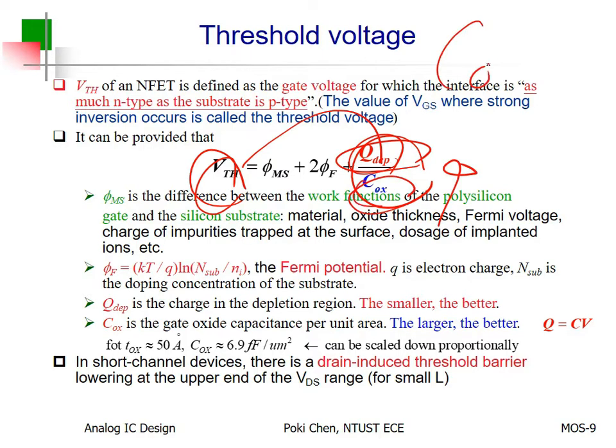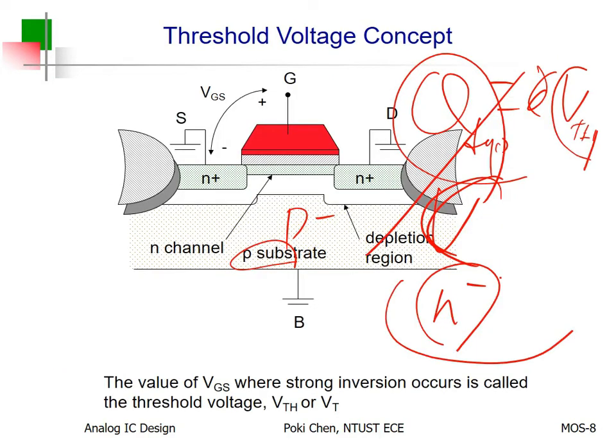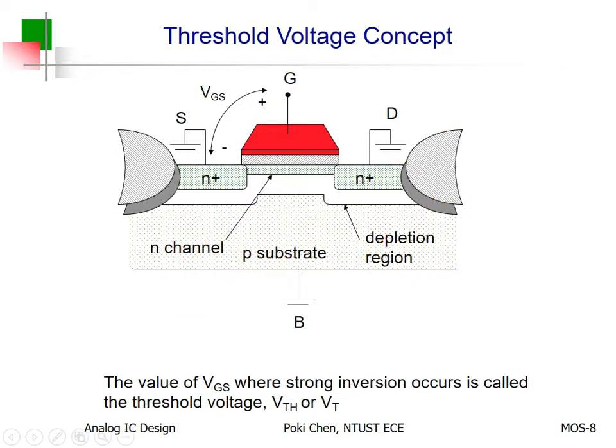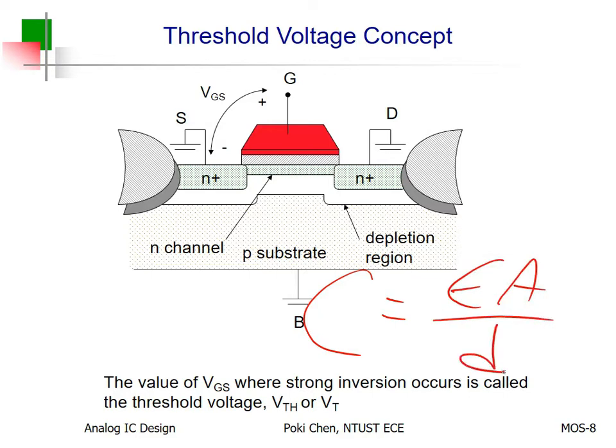So we call it C oxide, C ox. But how? Okay. Again, let's go back. According to the definition for capacitor, we have capacitance, right? And what is C ox? Capacitance per area. Per area means you need to divide by A, right? Oh, congratulations.